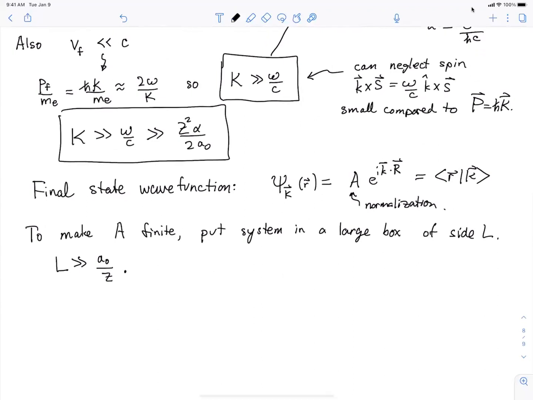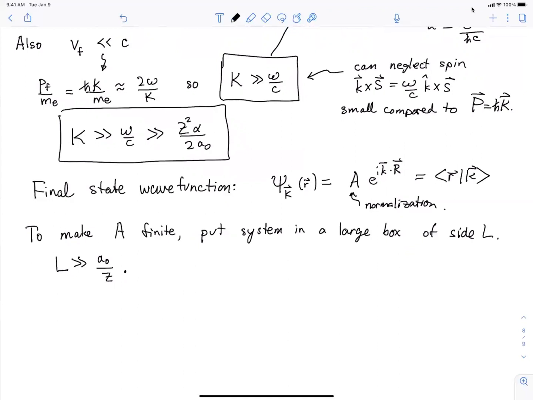Okay, and so when we do this, which we will commence with next time, we're going to have to check a very important thing, which is if we make our box really, really large, like maybe light years in size, then the answer better not depend on exactly how big we chose it to be. So even though lots of our intermediate steps are going to depend on how big the box is, at the end, we want to check that the final answer doesn't depend on that.